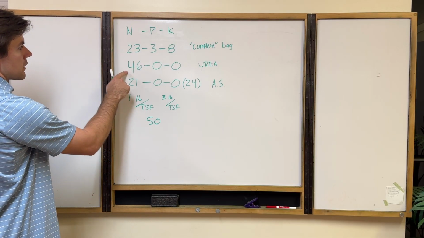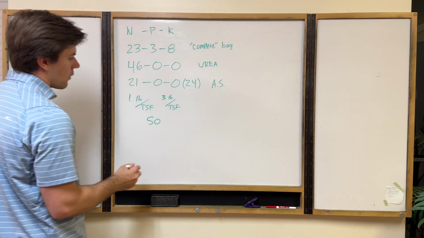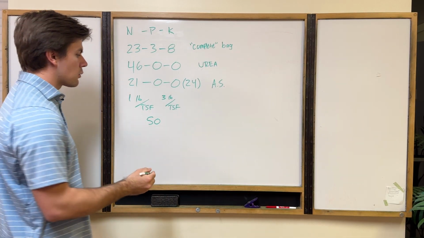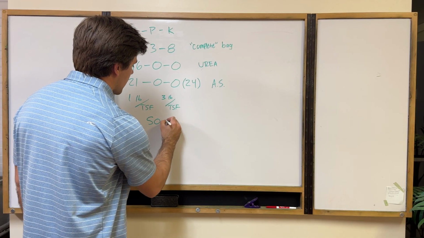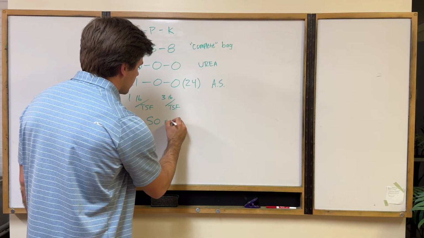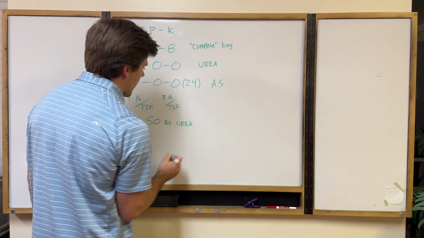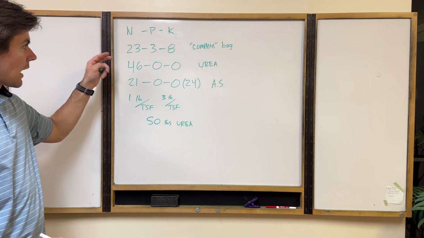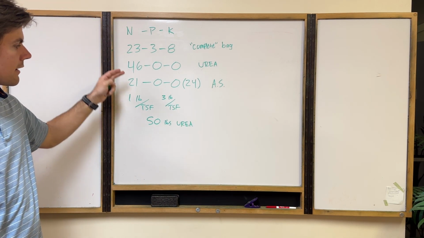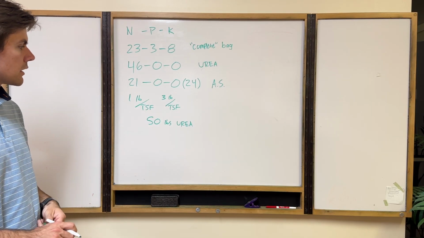Let's do a quick practice problem to calculate. Let's say you have a 50-pound bag of urea. Or even, commonly at the store you might buy them in 25-pound bags, but we'll do 50 pounds. How many pounds of nitrogen do you have in this 50 pounds of urea?